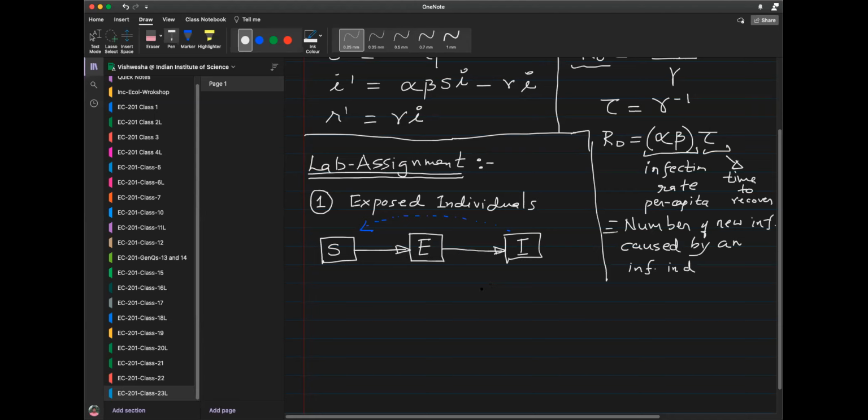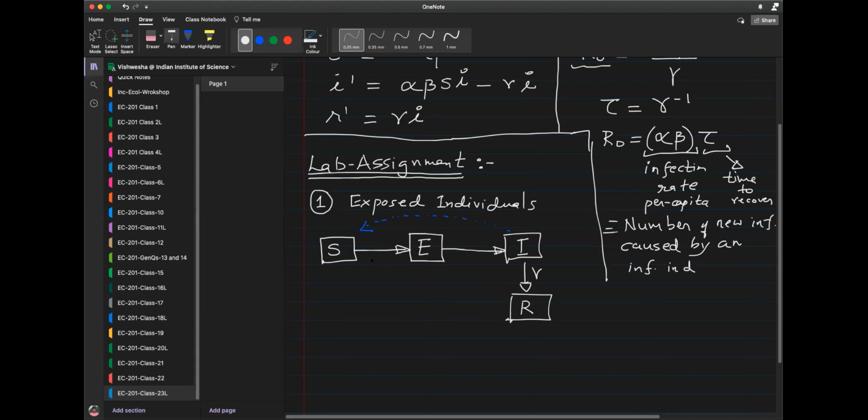To distinguish that, we add this compartment called exposed. What I would like you to do is incorporate this compartment and write the new set of equations. Assume that all the rates as before remain the same. This is gamma.